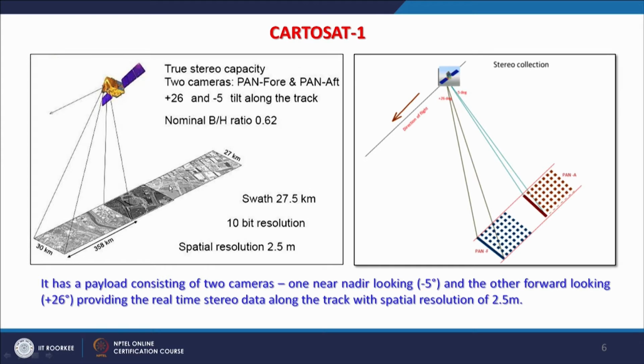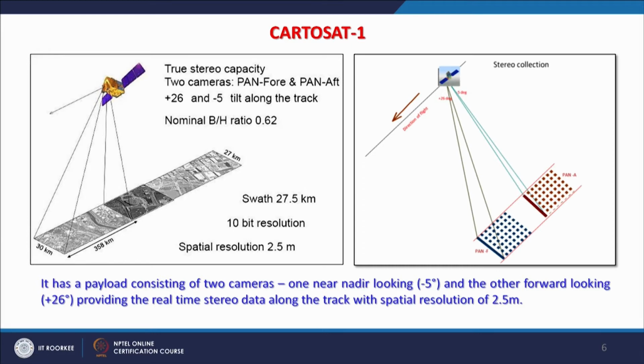So this was the backward, and the ratio of baseline over height, B/H ratio, was 0.62. Of course, swath and other things were different, but the spatial resolution is important to note. In the case of SPOT it was 10 meter, and we could achieve 2.5 meter.